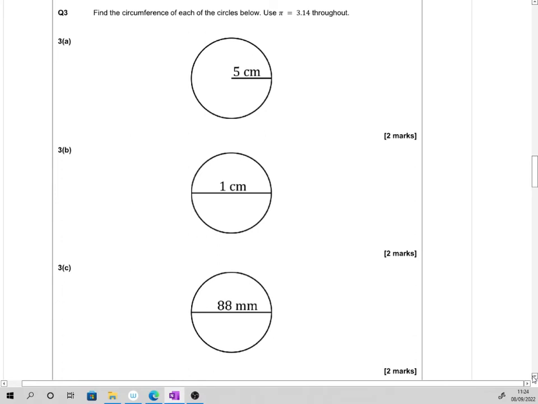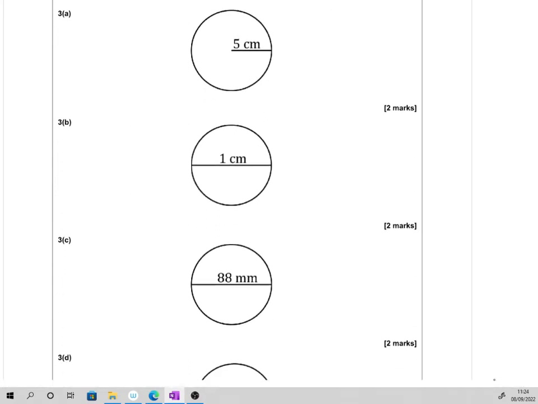All right. Find the circumference of the circles below. C equals pi d, which is 3.14 times, that's the radius, so the diameter is 10, which equals 31.4 centimeters. C equals pi d, which is 3.14 times 1, which is 3.14 centimeters.